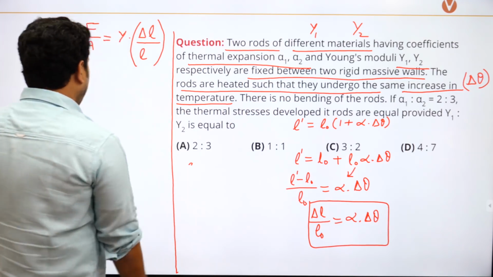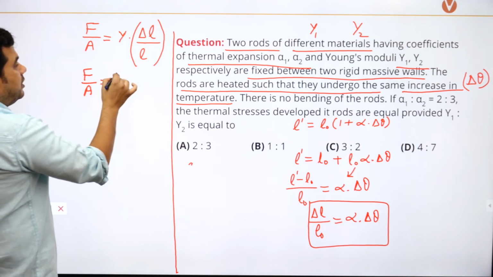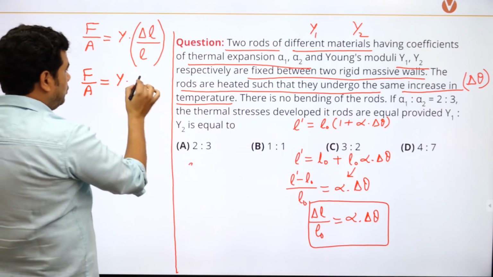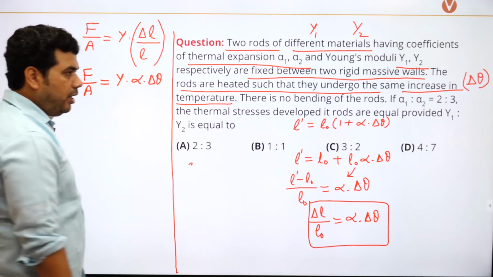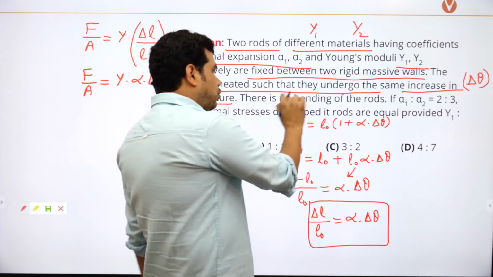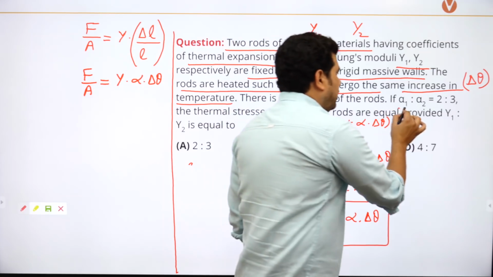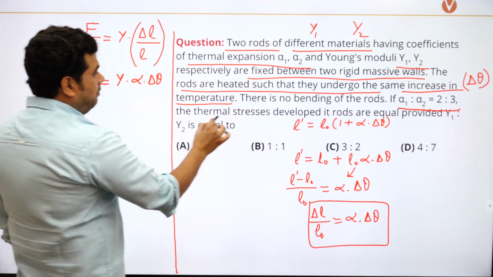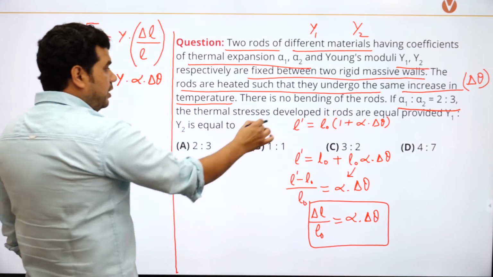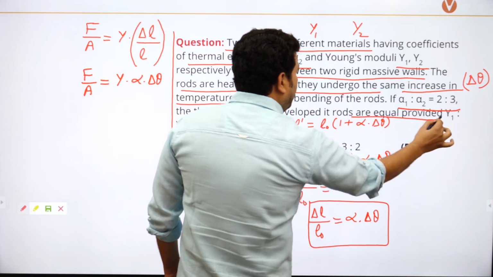If this is the strain, then the stress F upon A is Y into alpha delta theta. Okay? And see here, there is no bending. The ratio alpha 1 to alpha 2 of thermal expansion is 2 to 3. The thermal stresses developed in the rods are equal.